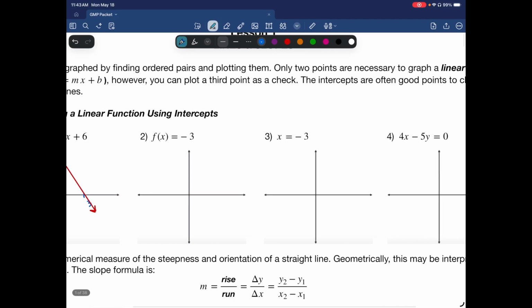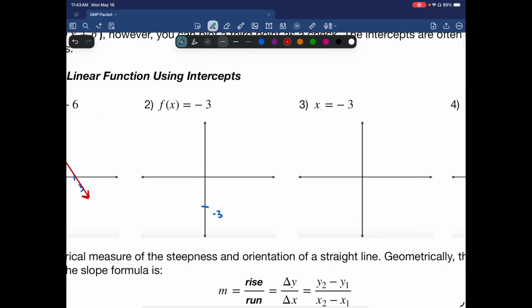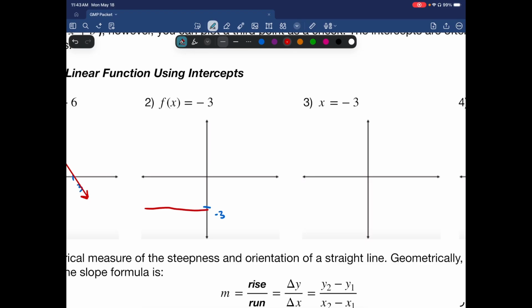All right, now for 2 and 3, these are our special cases. If you have f of x equals some number, or y equals some number, that is a horizontal line. So you got negative 3 down here, and then it's just a horizontal line, like so.